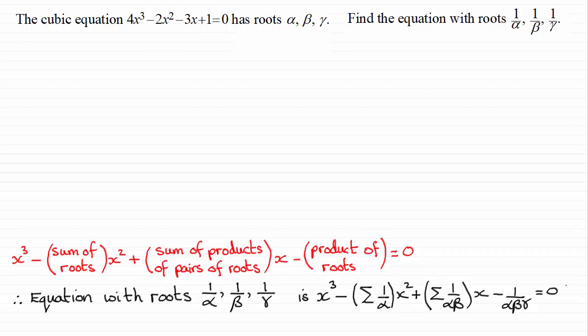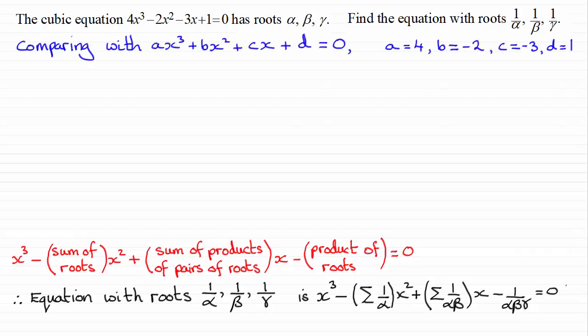of what we know about the connection between these roots and the coefficients of the equations. If you watched that previous video, you'd know that if we compare the coefficients of the cubic equation that has this form, you can see that a is 4, b is minus 2, c is minus 3, d equals 1 when we compare it to our equation up here. And we found out that the sum of the roots, alpha plus beta plus gamma, equals minus b over a.